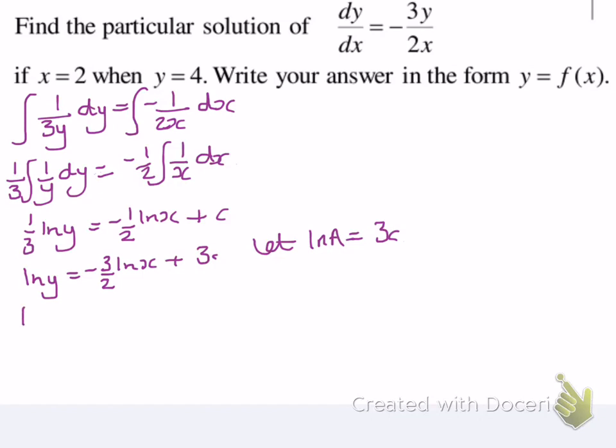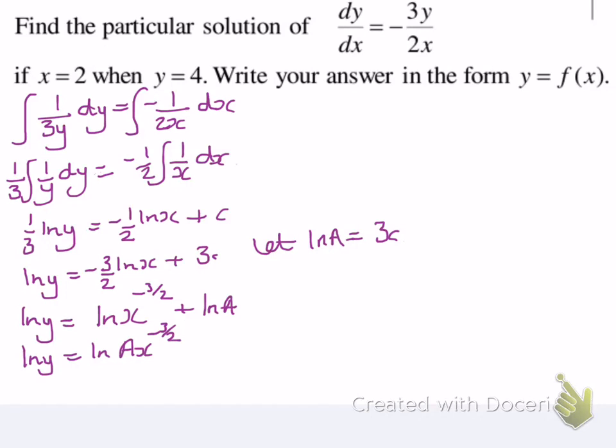So now I can write ln y equals ln x to the minus 3 over 2 using our log rules plus ln a. And using our log rules again, I can say that ln y equals ln a times x to the minus 3 over 2.